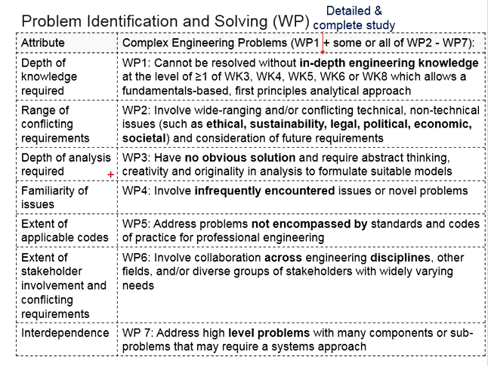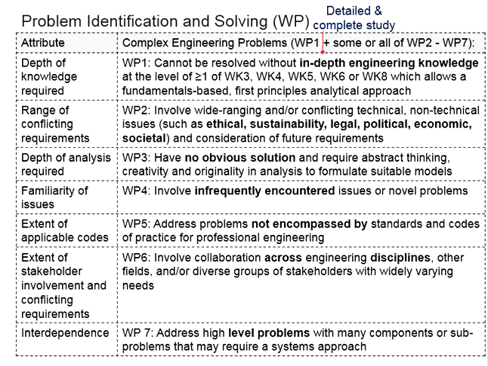Next, we talk about WP4. This is about the familiarity of issues. Looking at this statement, the problem should involve infrequently encountered issues or novel problems. The term here is "or".